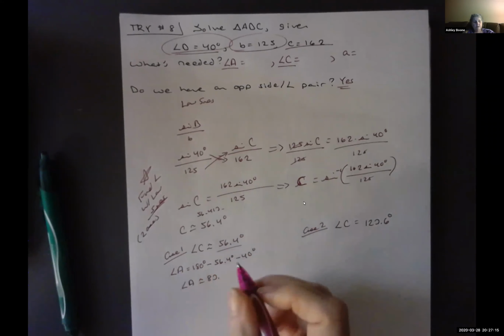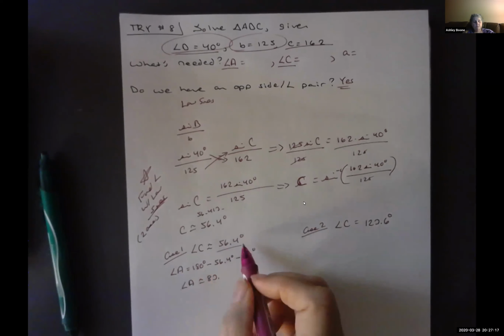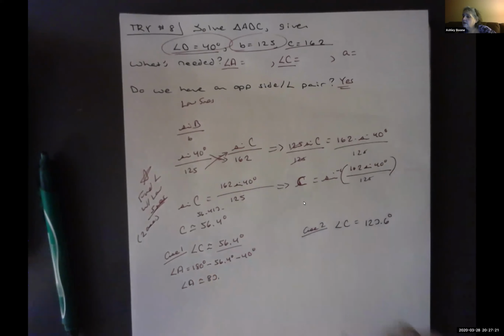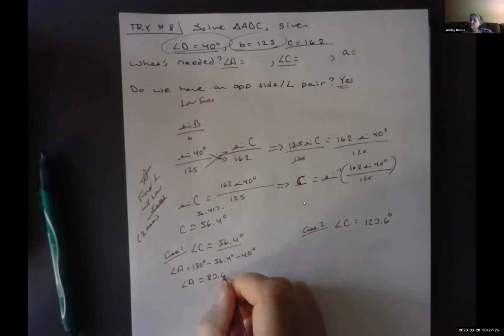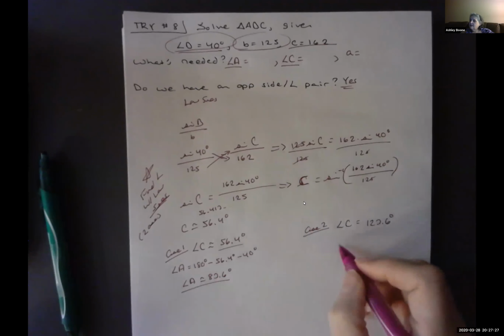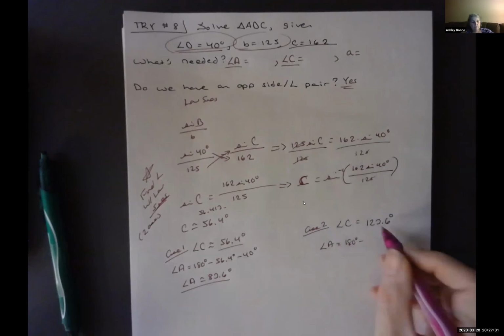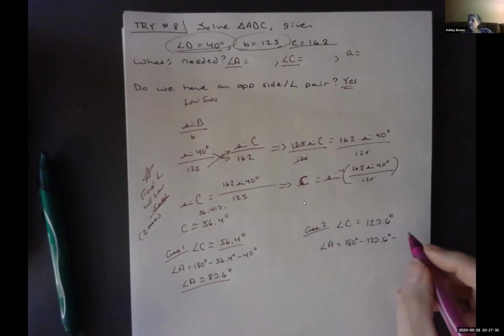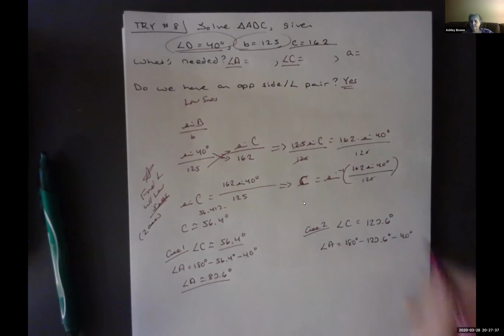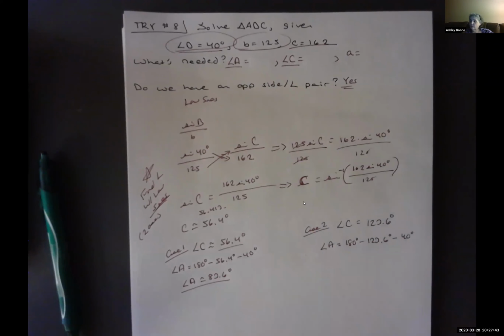Let's see, 180 minus 56.4 minus 40. That's 83.6 degrees. In this case, angle A would be 180 minus the 123.6 degrees minus angle B, which is 40. That is 16.4 degrees.